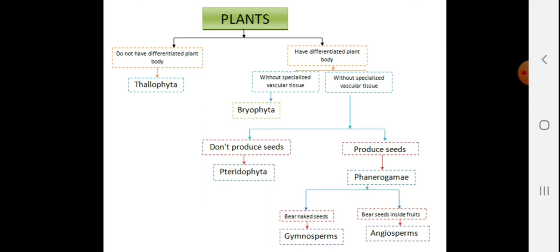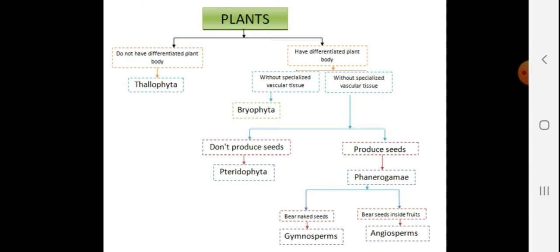Now we will see the further classification of plants. Plants that do not have a differentiated plant body are Thallophyta, the first classification. And the plants which have a differentiated body are further divided into those without specialized vascular tissues, which are called Bryophyta, and those with vascular tissues.